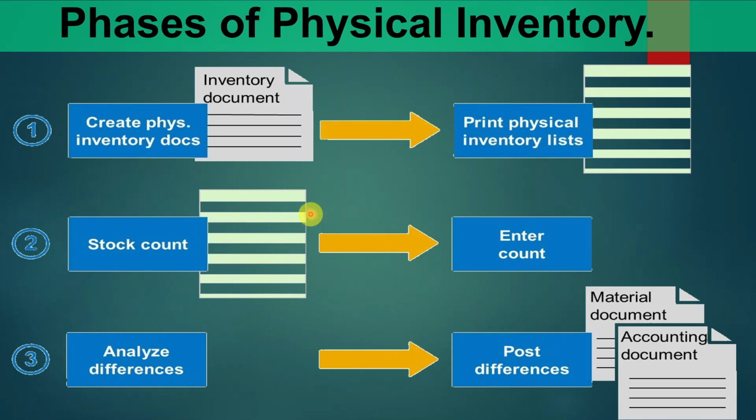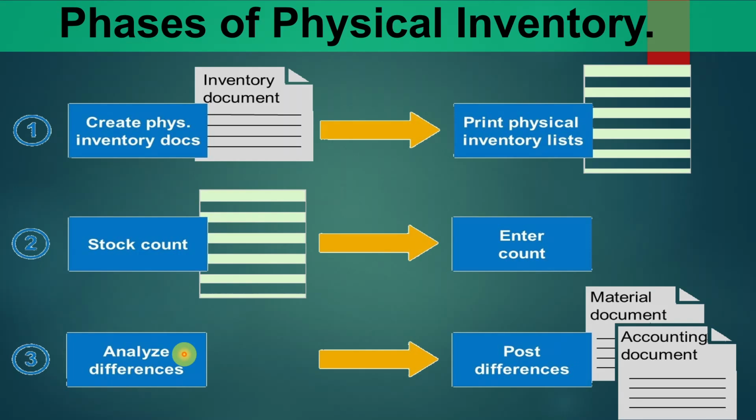Then on the ground, they count all these materials, maybe on the shop floor or in the warehouse, in storage locations, in bins and everywhere, and they put the count on that paper. Then this count is entered in the system or register or whatever ERP you are using, and then they analyze the differences. How much difference is there?